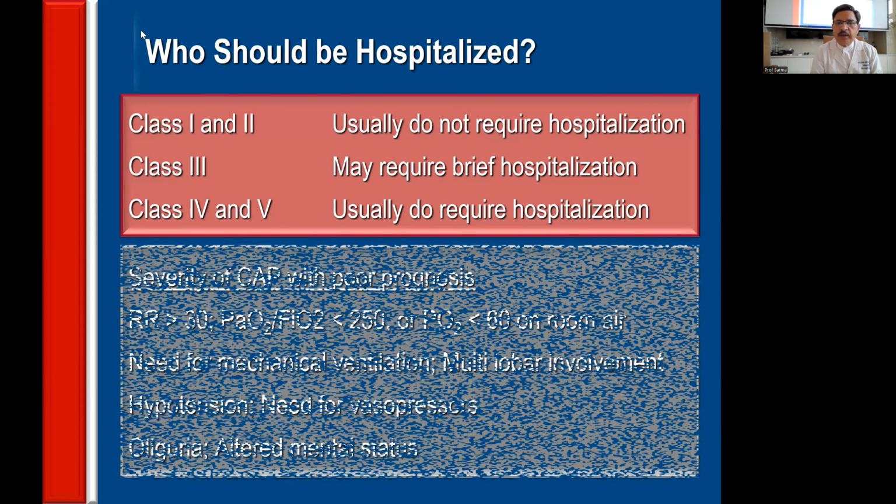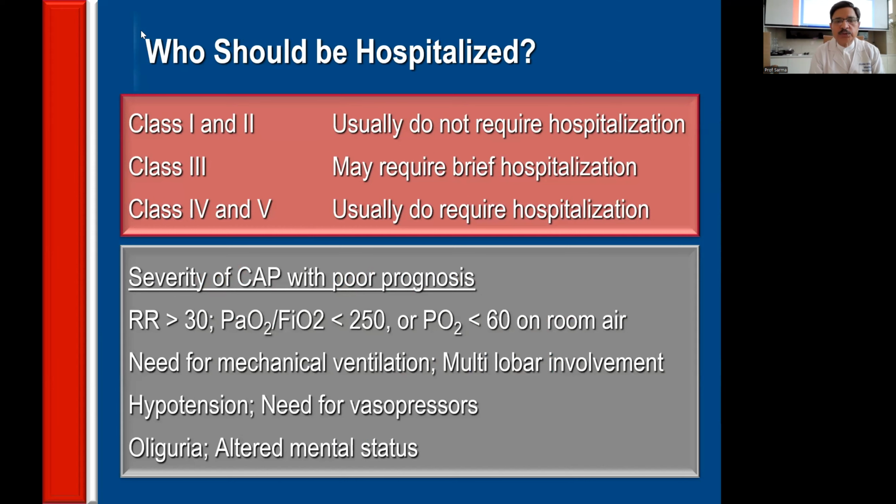Severity of CAP with poor prognosis. When do you have to counsel the patient and attendants about poor prognosis? Supposing a patient has the following risk factors, you should take the attendants to a room and tell them: look here, your father, an 80-year-old man, got admitted, he has these following risk factors. We don't know whether he will respond or not.